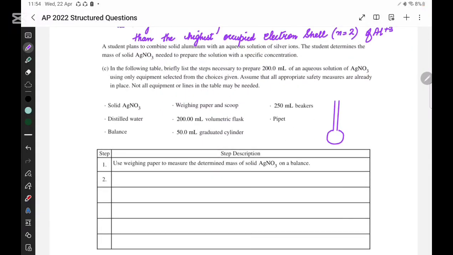Next, you are going to put that AgNO3 into the flask.